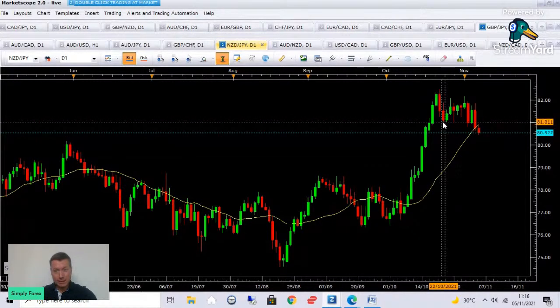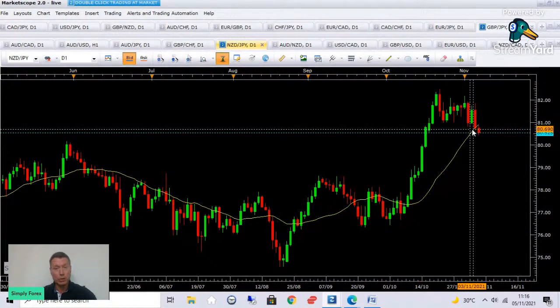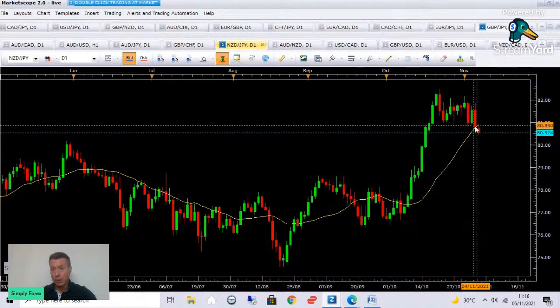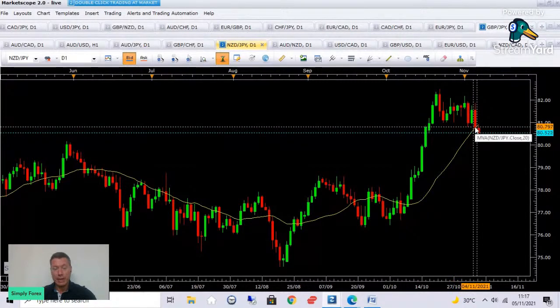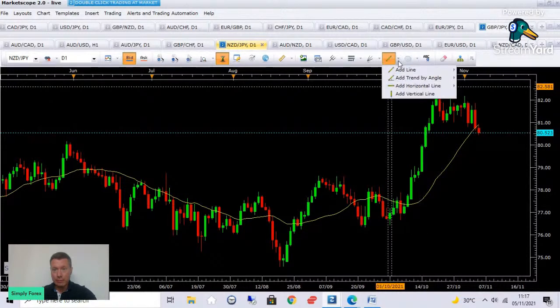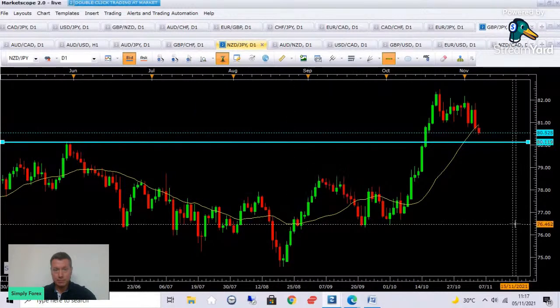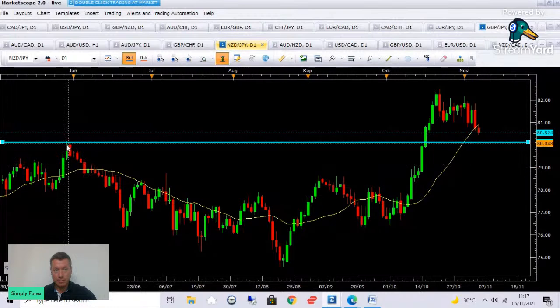Same setup. It's broken the low. Market structure for me has changed, so I'm looking for a low. We've got a large bearish candle, and what I'm seeing as a potential area for a target is this area here. This last high over here could be a potential target.